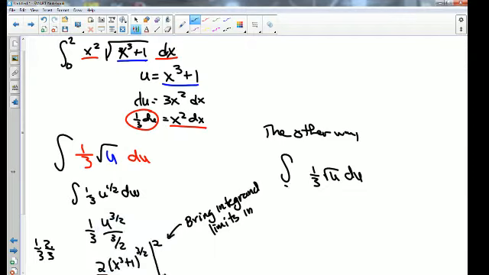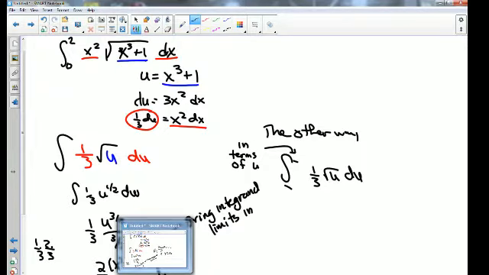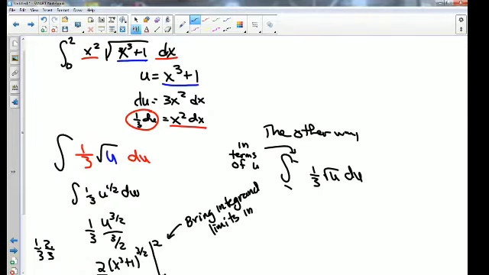We're going to change these in terms of u. So this was 0, correct? If it's 0 as x, what's my u value? 1. Right, so if x equals 0, u is 0 cubed plus 1. That's my new integral limit.